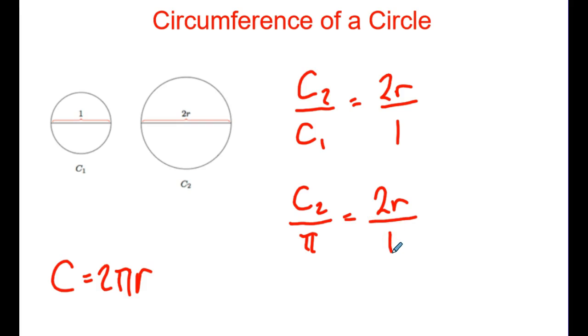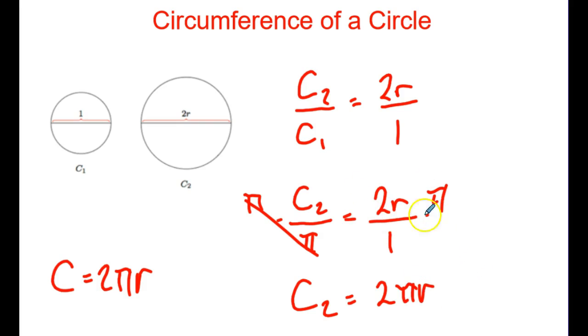Now, to isolate the circumference of the second circle, multiply both sides by pi, and we are left with C2 equal to 2 times pi times the radius.